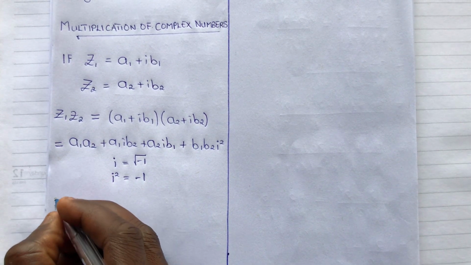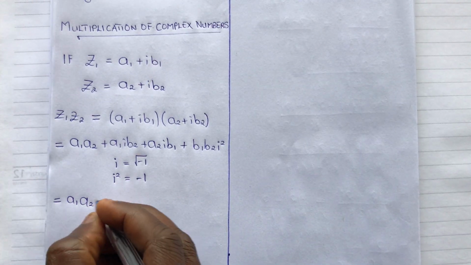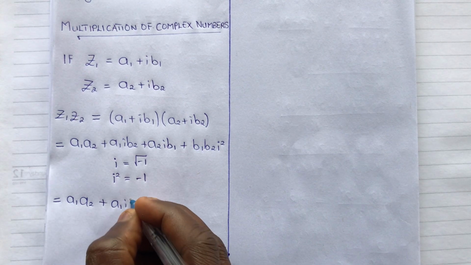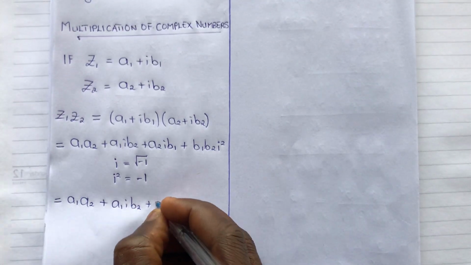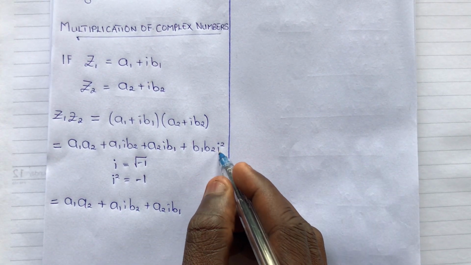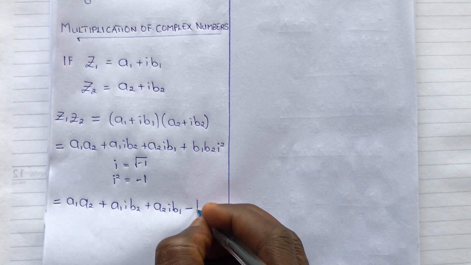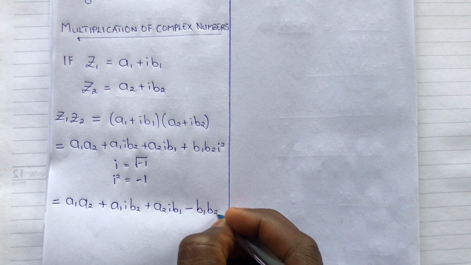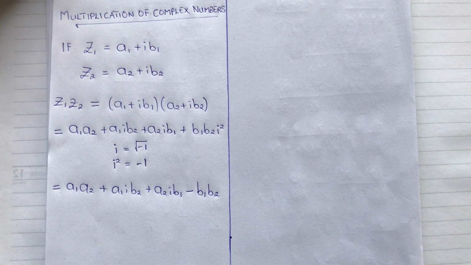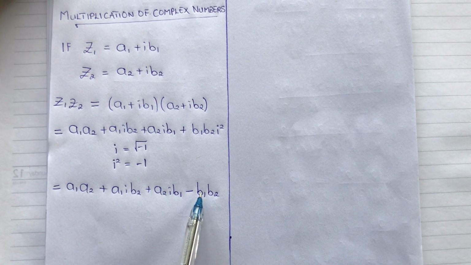So the equation becomes A1A2 + A1 iB2 + A2 iB1. Then when we substitute -1 here, the sign changes to -B1B2. Now all we need to do is group all terms that are real, which is this, this, and another term here that is real.